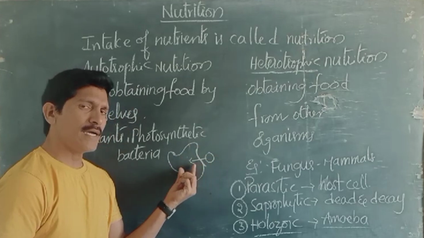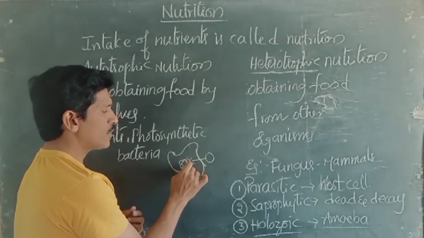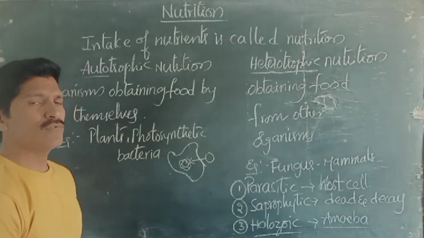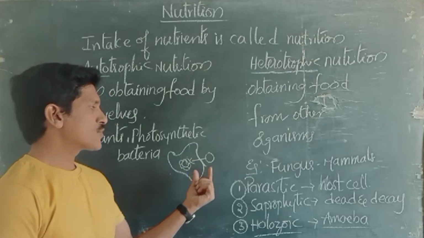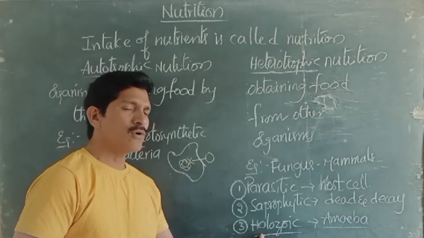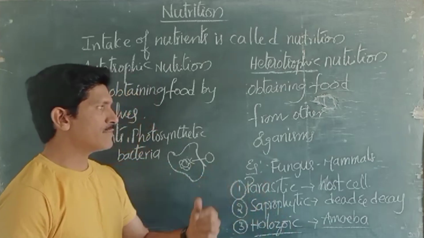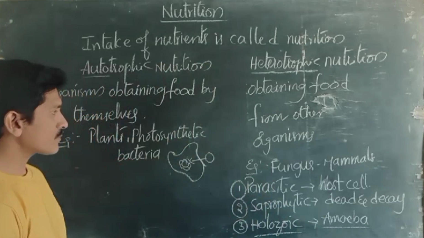When the food material enters the body, it forms a food vacuole, and digestion of the food occurs inside the food vacuole. So when solid material directly enters through the body surface, it is called holozoic nutrition. This also comes under heterotrophic nutrition, right?